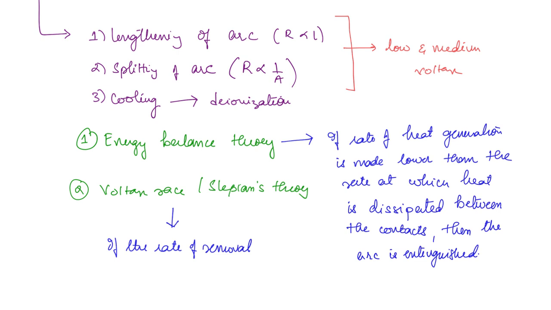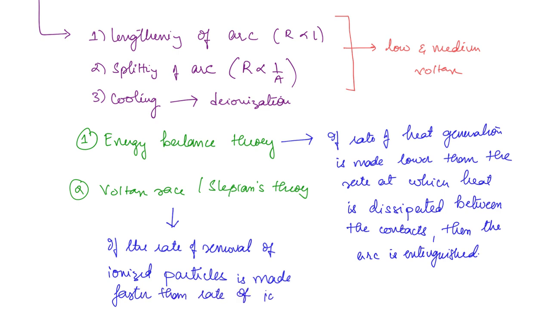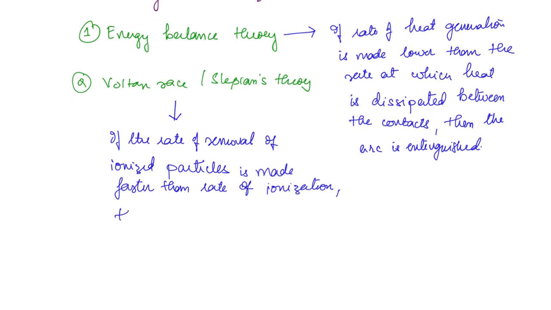Okay, so if the rate of removal of ionized particles is made faster than the rate of ionization, then the arc can be extinguished.